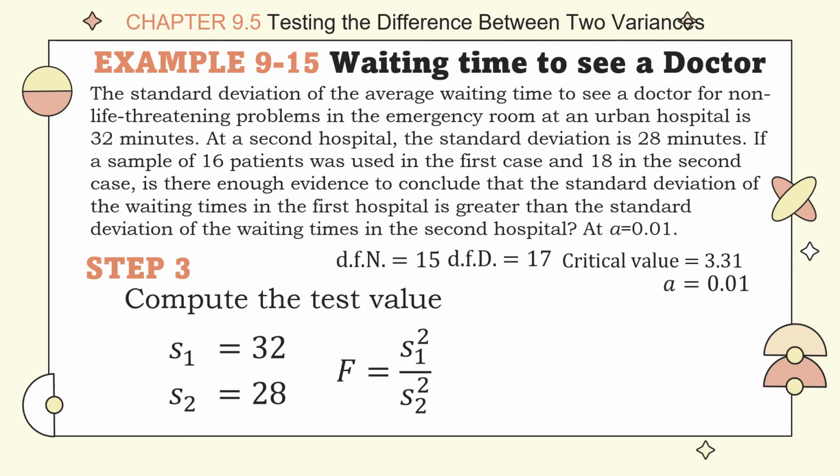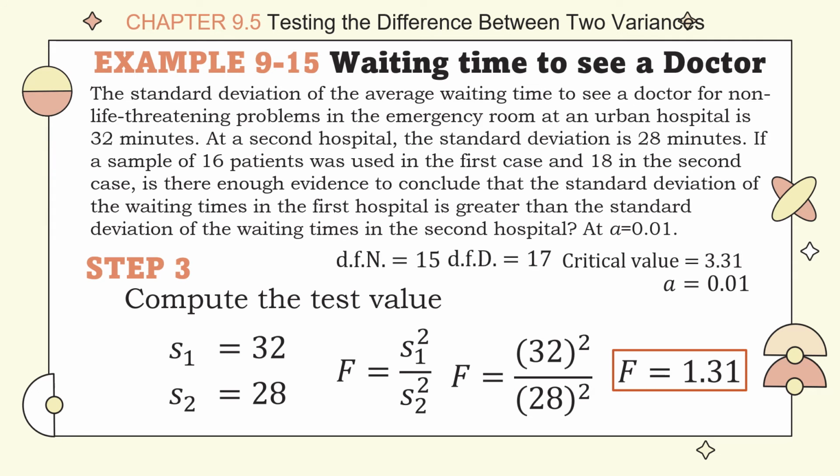We have F equals sample variance sub 1 over sample variance sub 2. Since our given values are in the form of sample standard deviation, we are going to square them so they become sample variances. So we have 32 squared over 28 squared. So our F value is 1.31.